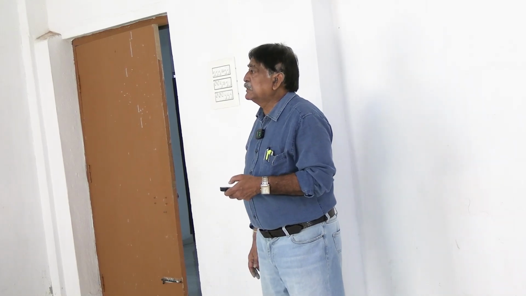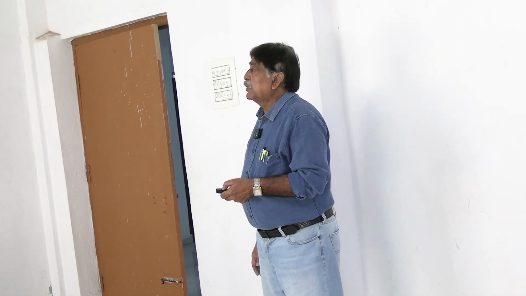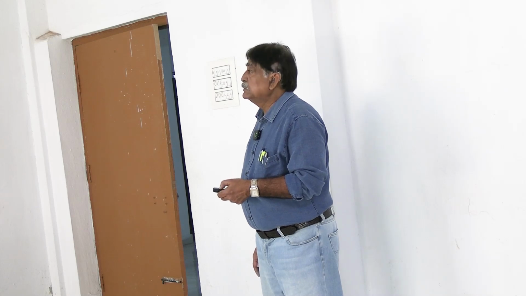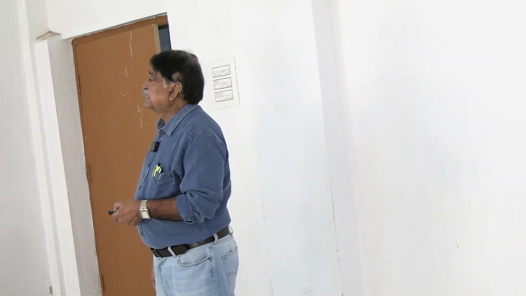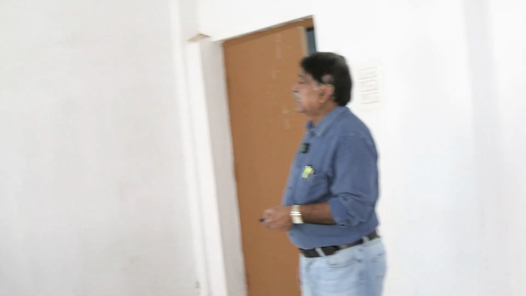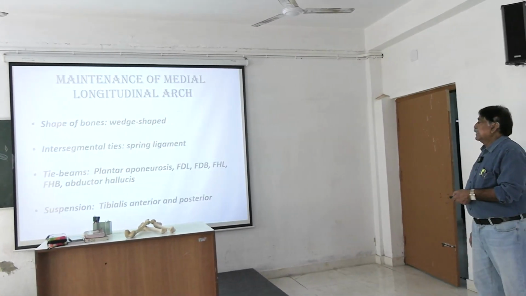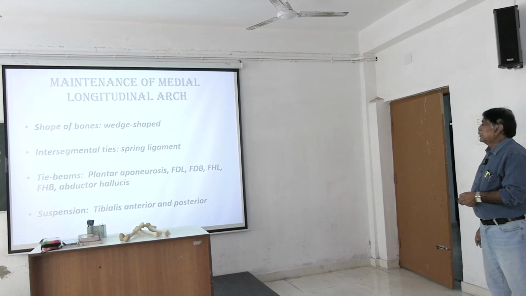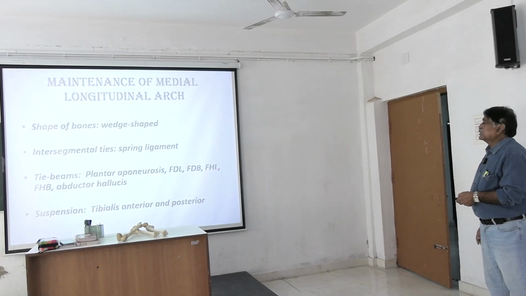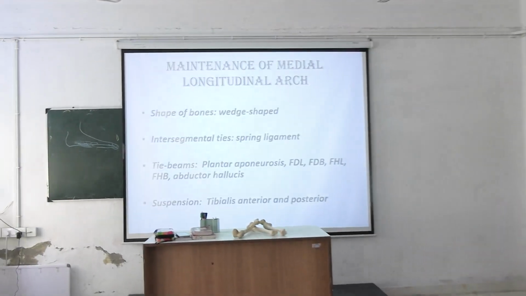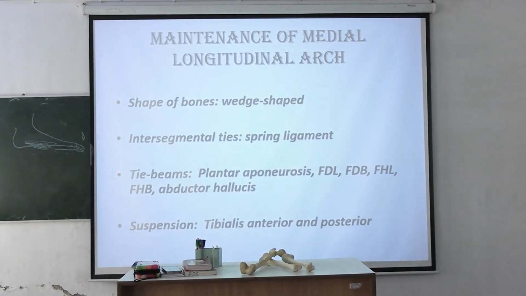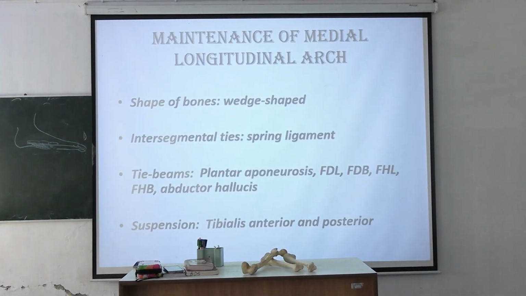Maintenance of the medial longitudinal arch: shape of bones, wedge shift, intersegmental tie, spring ligament, tie beam, plantar aponeurosis, flexor digitorum longus, flexor digitorum brevis, flexor hallucis longus, flexor hallucis brevis, abductor hallucis. Now, these you have to remember. It can be a long question on the arches of the foot.